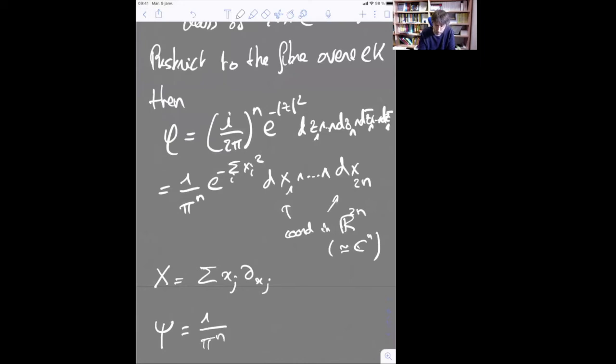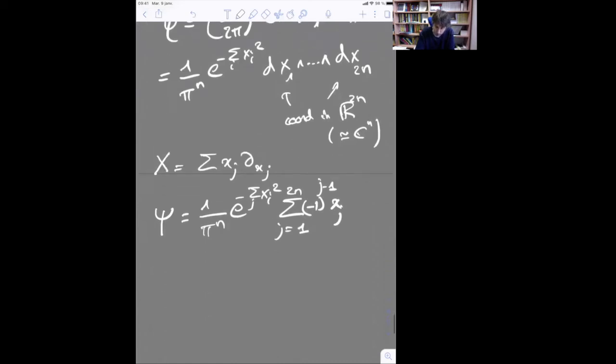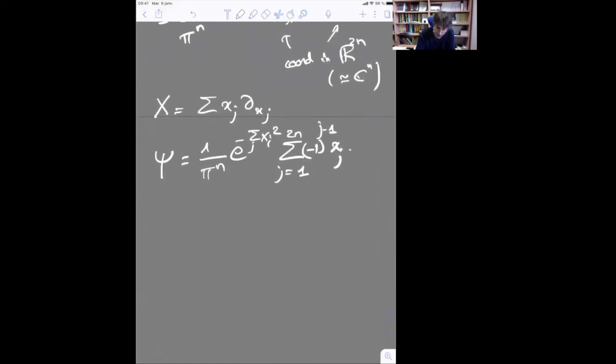And psi is just 1 over pi to the n. So I still have the Gaussian factor here, and I have the sum from 1 to n, and each time that I feed my form with the vector del xj, then I multiply by xj, and there is the sign to be remembered, so it's this, and here the form times dx1 up to dxj that we forgot, up to dx2n.